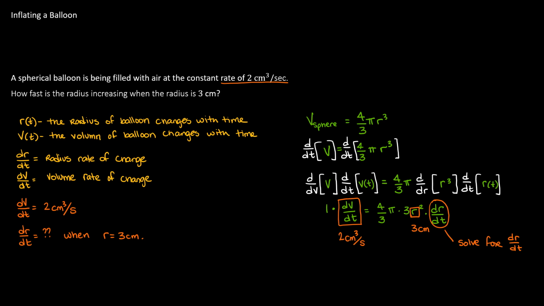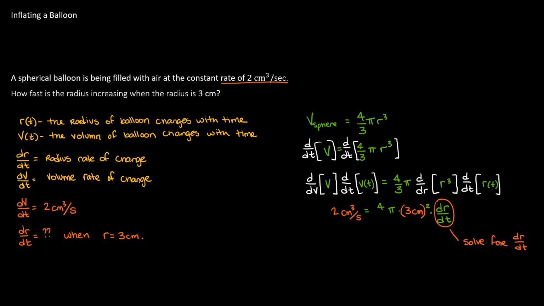So I will plug in 2 cubic centimeters for dV/dt, and I'll plug in 3 centimeters for r, and then I will simplify everything to solve for dr/dt. Before I plug in any of those known values, though, it's worth simplifying if possible. I see 2 3's that could divide off, so we should do that before we plug in our known quantities.